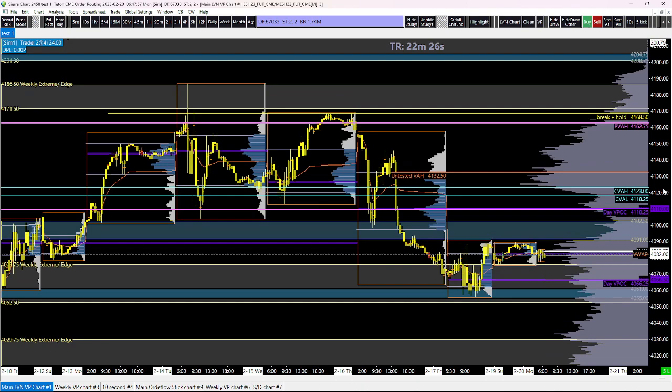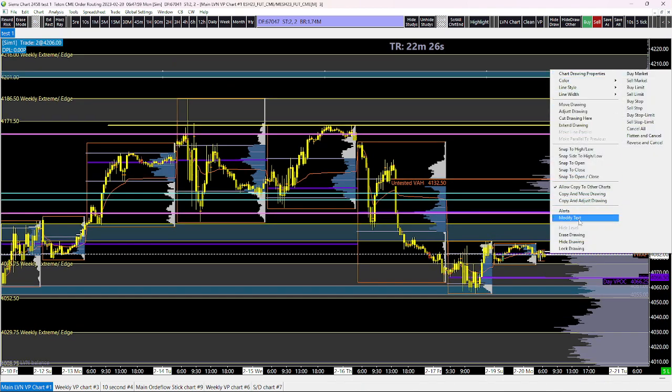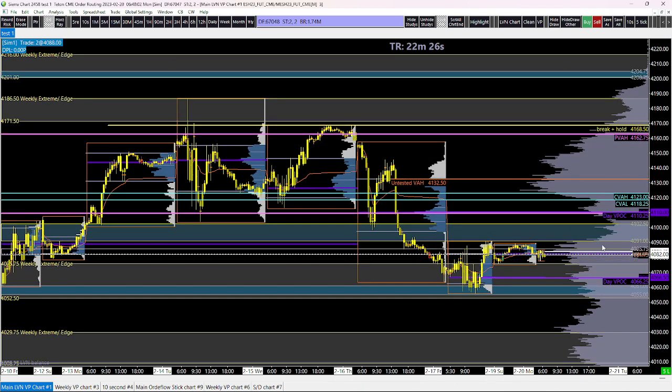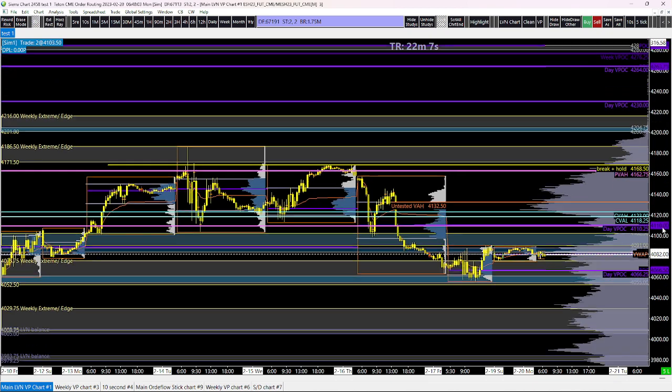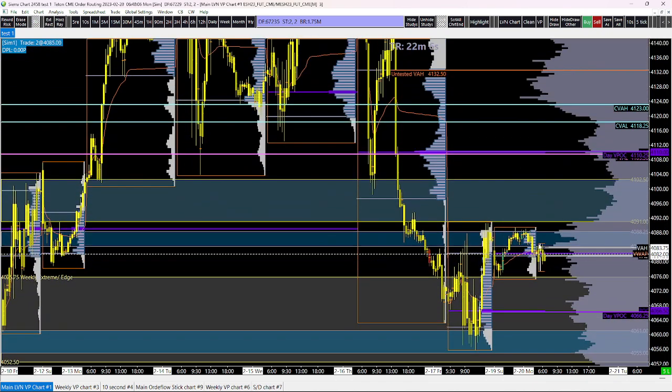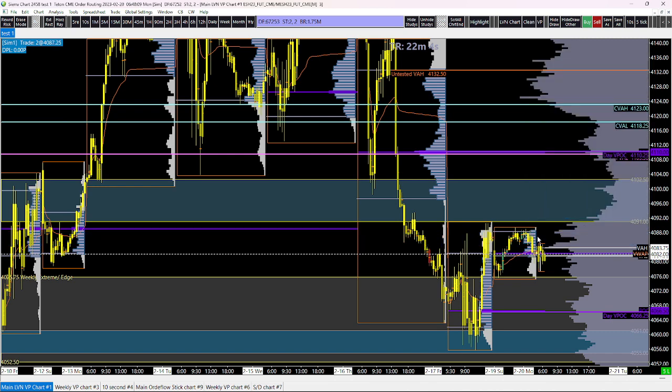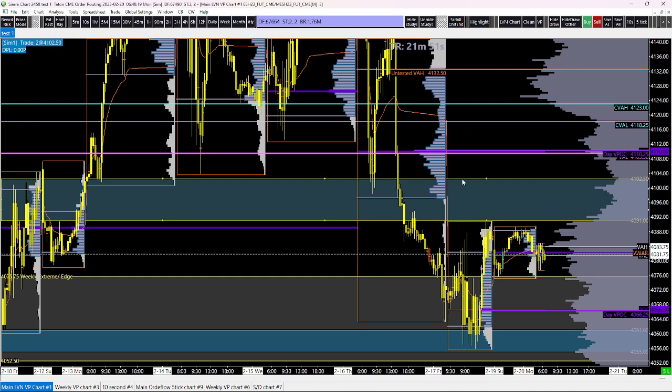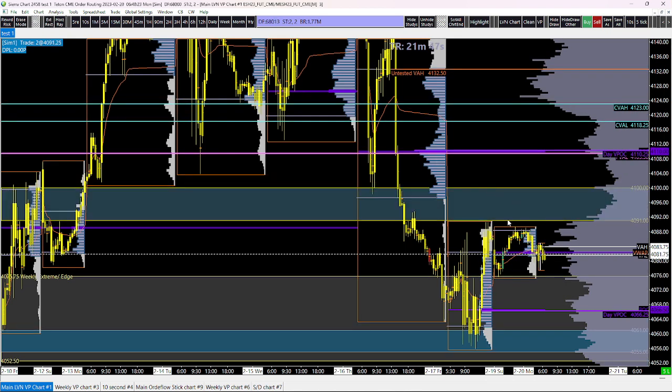I'm trying to be a lot more specific on my trades and that they meet higher criteria. We can throw that there and see what that looks like. It just doesn't seem that good to me. It doesn't seem high enough probability. Maybe if we can break above that and still find some sellers in this zone, this low volume node, then we could consider taking a trade.